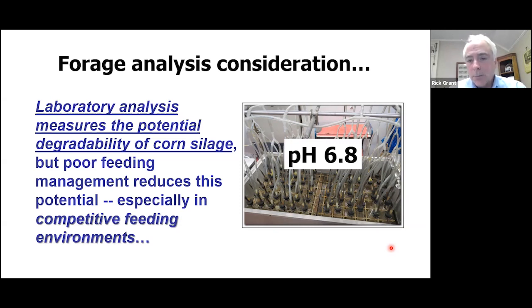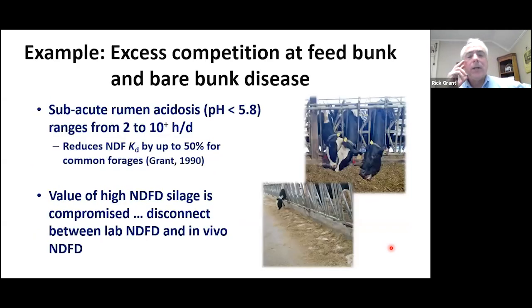And think about the pH. That degradability was measured in vitro at pH 6.8 or thereabouts, or it was, based on an NIR based on that sort of in vitro system. But what is the pH in the rumen of the cow that you're feeding? And if you're seeing this disconnect between the digestibility on the forage analysis and what's happening in the pen of cows, this could be part of it. So think back to the last few slides I just shared with you, right?